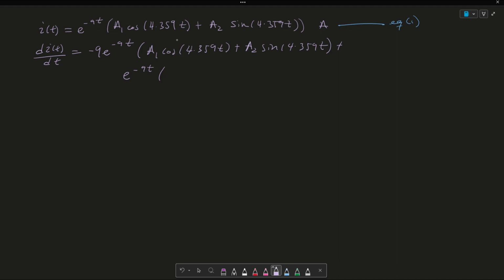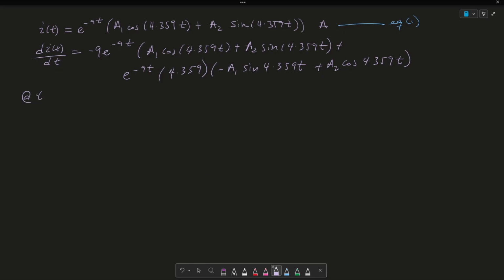And when I take the derivative of what's in the parentheses, I'm going to have a common term of 4.359, and this is going to be times minus A1 sine 4.359t plus A2 cosine 4.359t. That's just the product rule again. So I hope that makes sense.